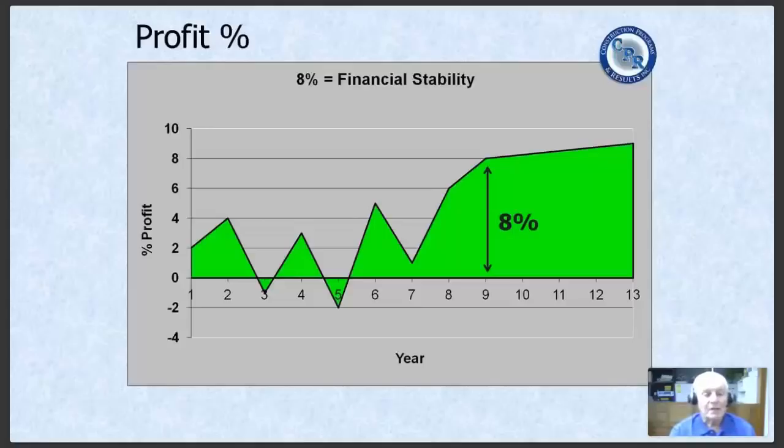The main reason is you as the business owner can then focus on running a business rather than how to get the bills paid every other week or how to make payroll every Friday. Those worries distract you from your game plan of running your business. And when you hit 8%, that's when this all levels out, just as you can see right here.